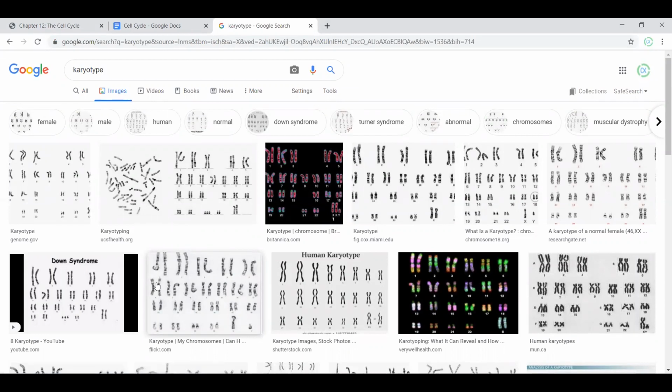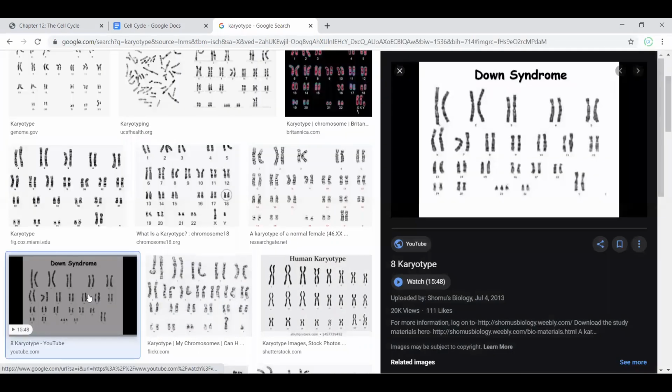As you can see, all the chromosomes are lined up. This is an example of a disorder in the amount of chromosomes people have. It's what they call Down syndrome. Down syndrome is also known as trisomy 21, which means that you have 3 copies of chromosome 21. And as you can see, it's really easy to see these things on the karyotype.